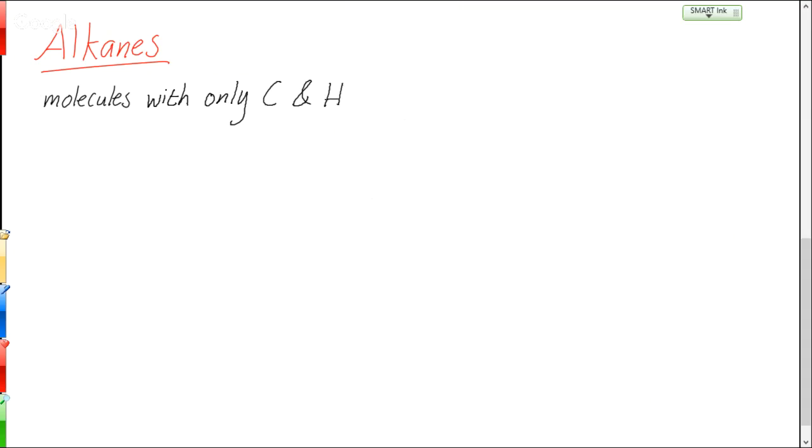Now that we've got that, let's start looking at the simplest class of organic compounds, which are called alkanes. Alkanes are molecules with only carbon and hydrogen, and only single bonds.